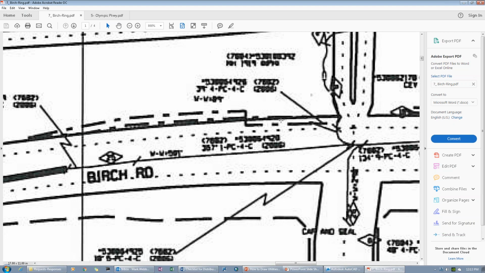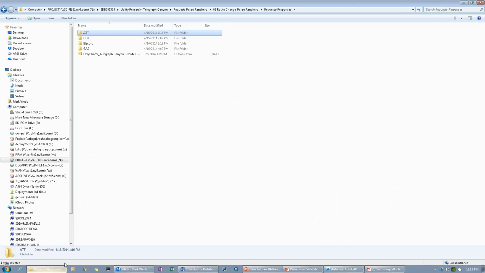Okay, so when you get the information, all of this is there. You just have to know how to read it. Typically all of this data is usually stored by Kitty in a directory that's known as the utility research directory.